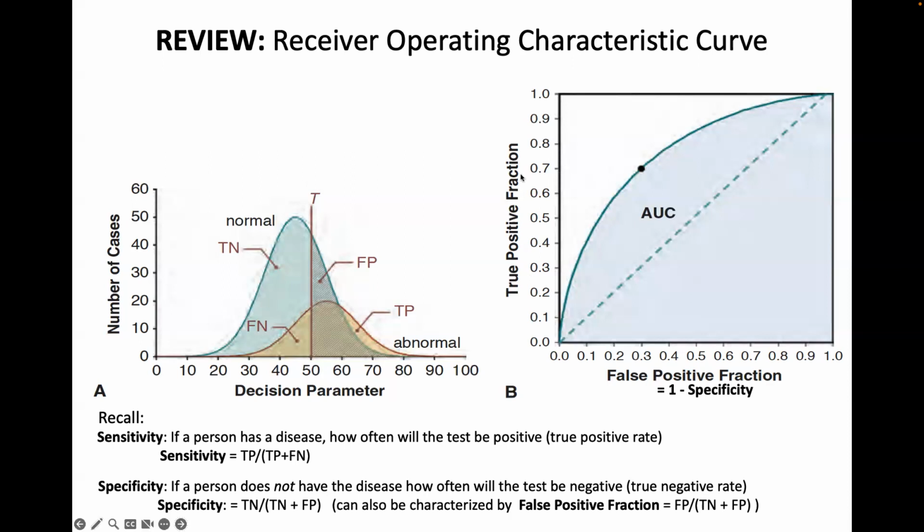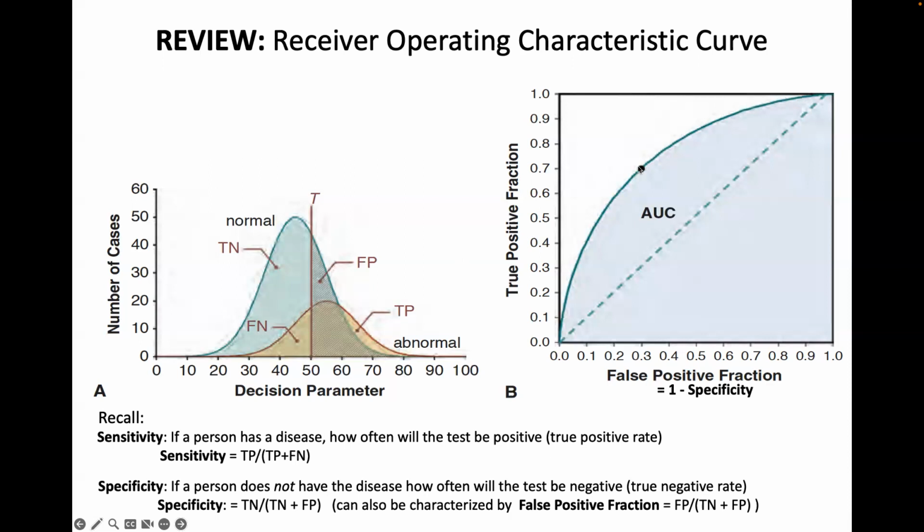Well, then my true positive fraction will be 100% because I'm going to get everybody. But I will also include the entire normal population in that number. So I have a point up here. That's my operating point if my threshold's here. As I move my threshold such that I am more selective, so I say you have to reach a value that is at least this high to be called abnormal, I move down this curve.